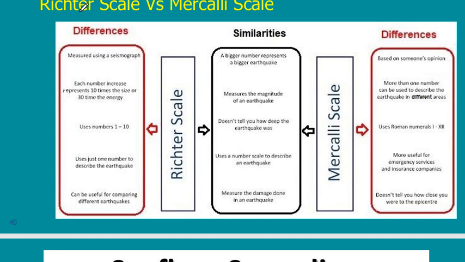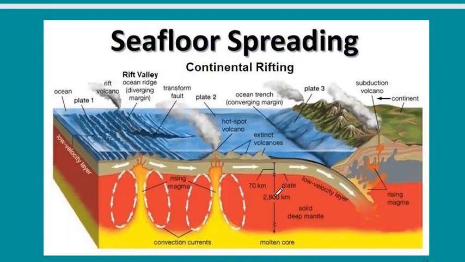If an earthquake happened and it is measured at any location, it will have the same value. But if it is measured by Mercalli, it will depend on where it is measured. The Mercalli scale does not measure the earthquake itself, it measures the destruction of the earthquake, so it differs from one location to the other.